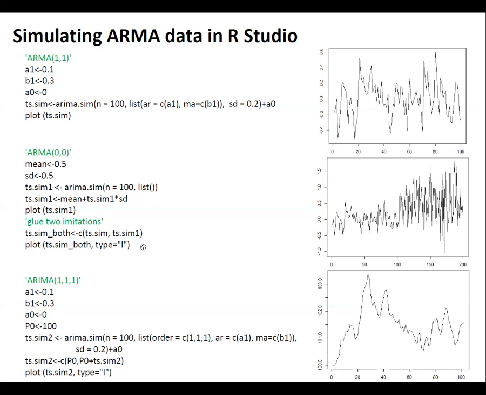And so we've got the first imitation, which is on the previous chart. And here, after 100 values, the second imitation is obtained, which is made according to this ARMA 0,0 model. That is, here we have combining two different imitations. This will also be needed in the future as functionality.